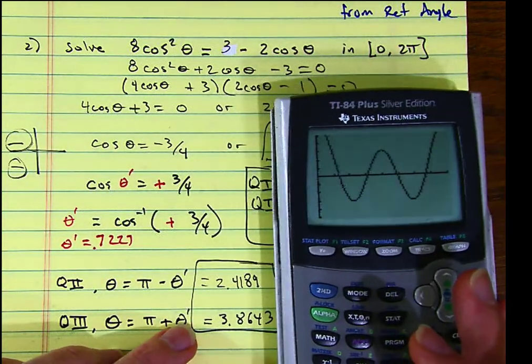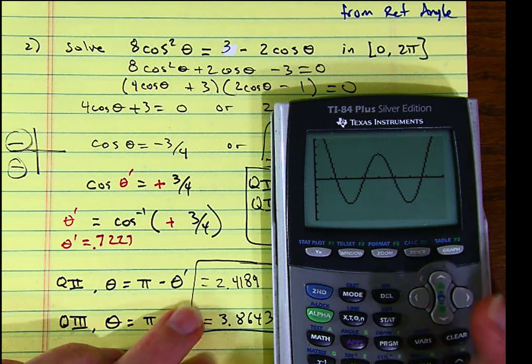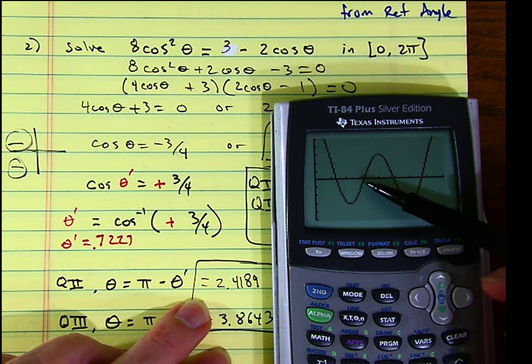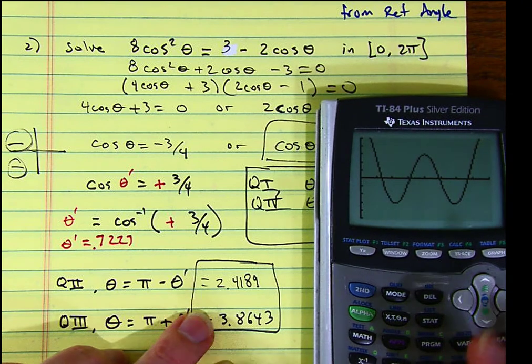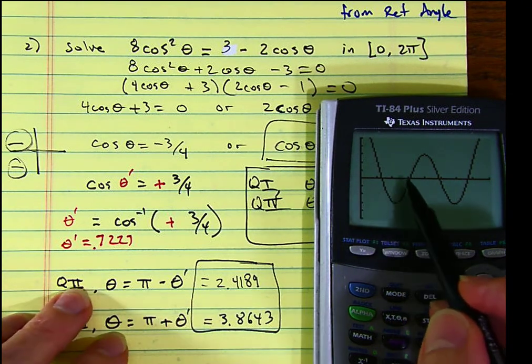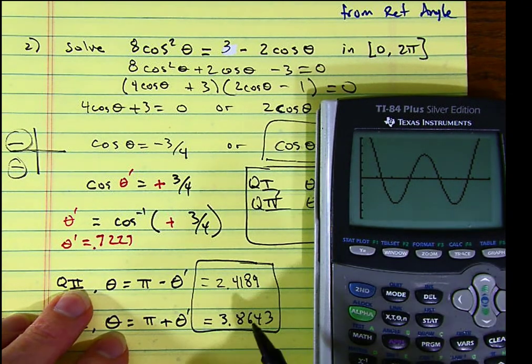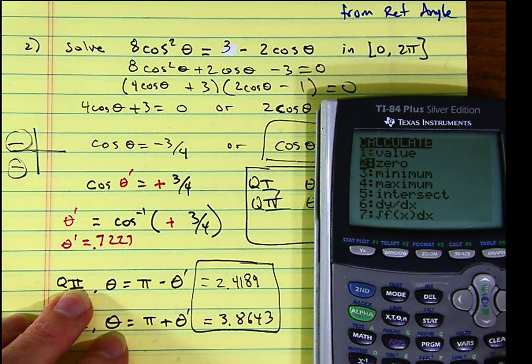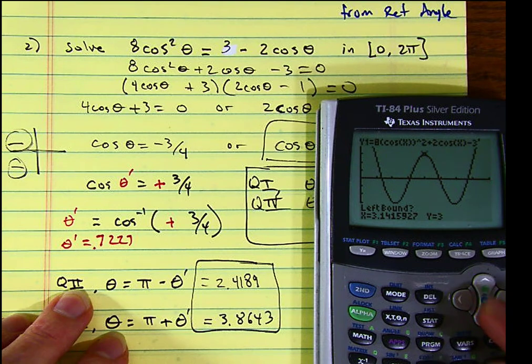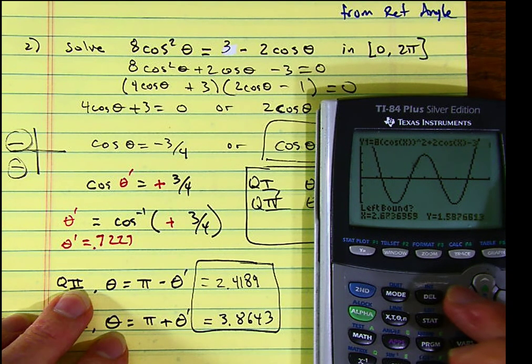And if I wanted to get more precise here, we could actually come in here and find these values. So let's see, this is quadrant 1, quadrant 2 is that one right there. Let's see if it matches this number here. So we can go second calc, find the 0, and I'm going to go to the one I'm interested in.